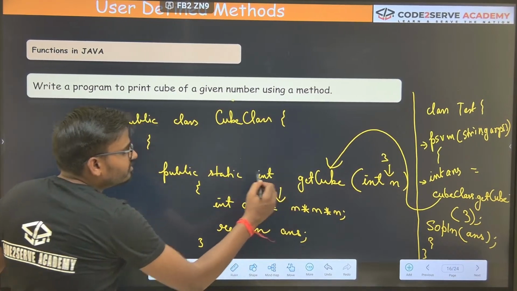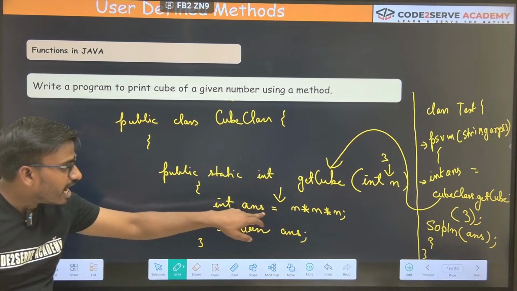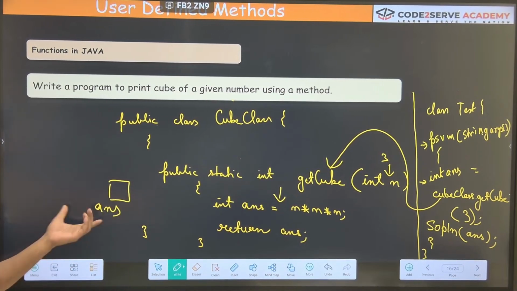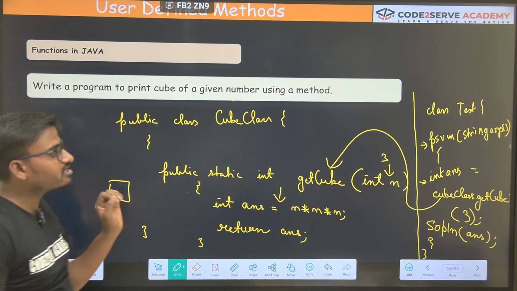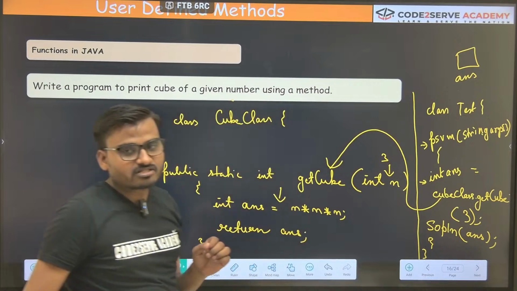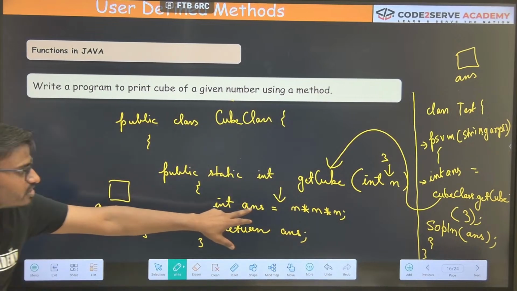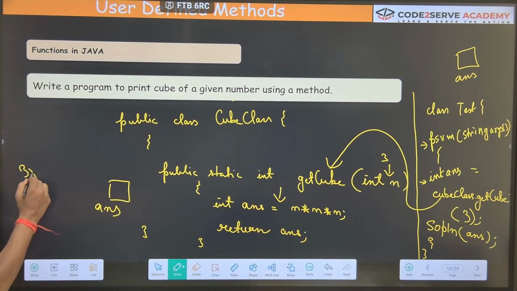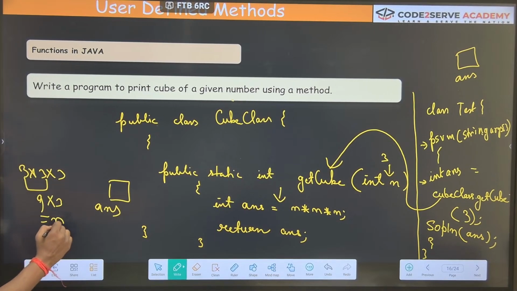Next it will go inside this, and then a local copy of answer will be created. One local copy of answer will be created for this class, and one local copy of answer will be created for that class. Okay, so here what will be the answer? 3 into 3 into 3. 3 3s are 9, into 3 is 27.